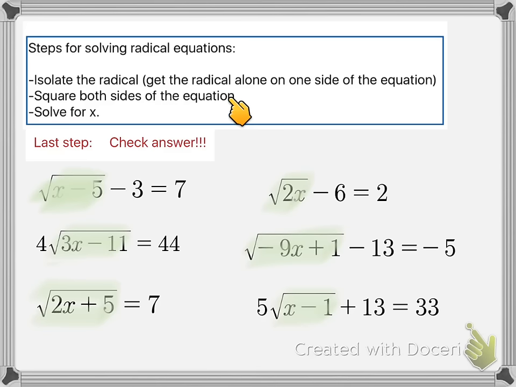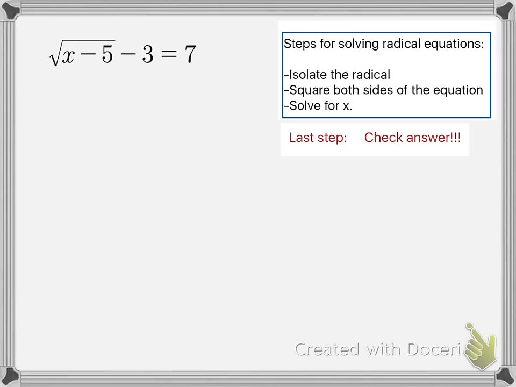Okay, the next step, you square both sides. What this does is get rid of the square root. Okay, and then you solve it just like you've been doing since 8th grade. So here's our first example. Like I said, first step, get that radical by itself.